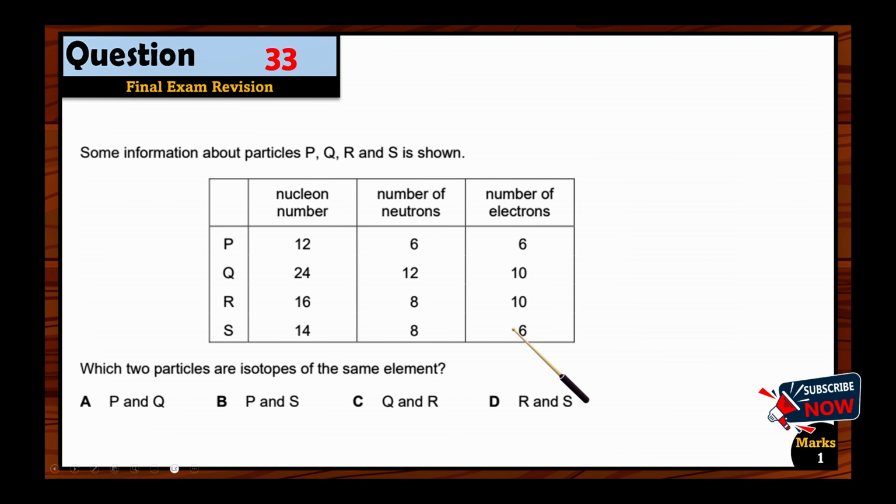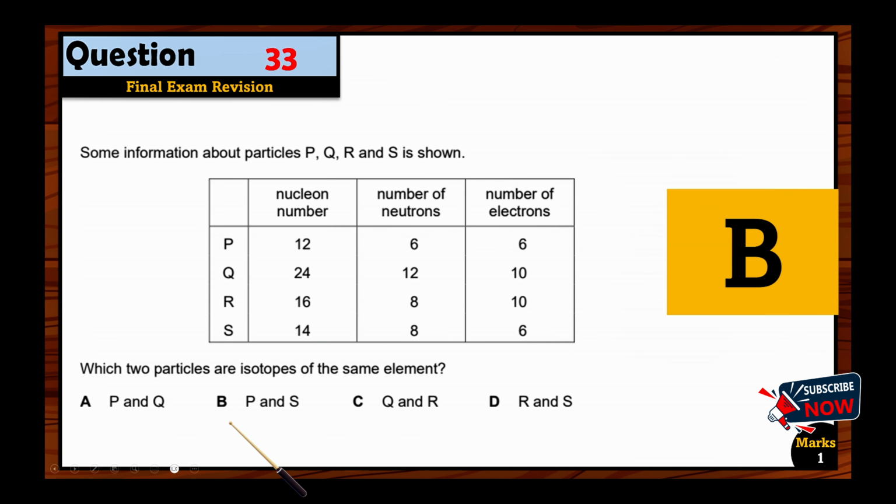So again, we have 6 protons and 6 electrons. So P and S are actually isotopes of each other. But if you see here, 24 minus 12 is 12, which means it has 12 protons. And how many electrons do we have? 10. So 12 and 10 are not equal. That's why the Q and R option is rejected. P and S is the right option, option B.